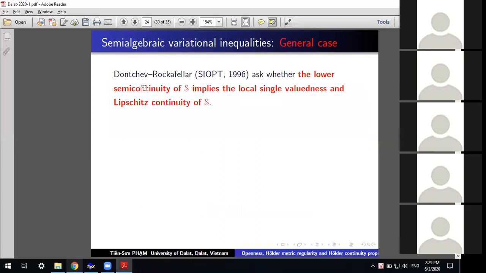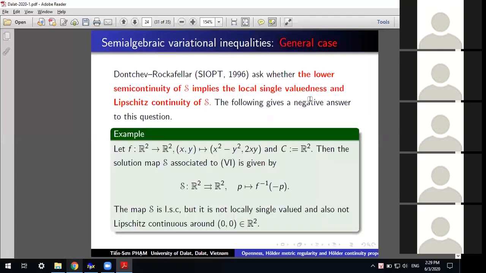In their paper, Dontchev and Rockafellar asked whether the lower semicontinuity of the solution map S implies the local single-valuedness and Lipschitz continuity of S. However, the following example gives a negative answer.